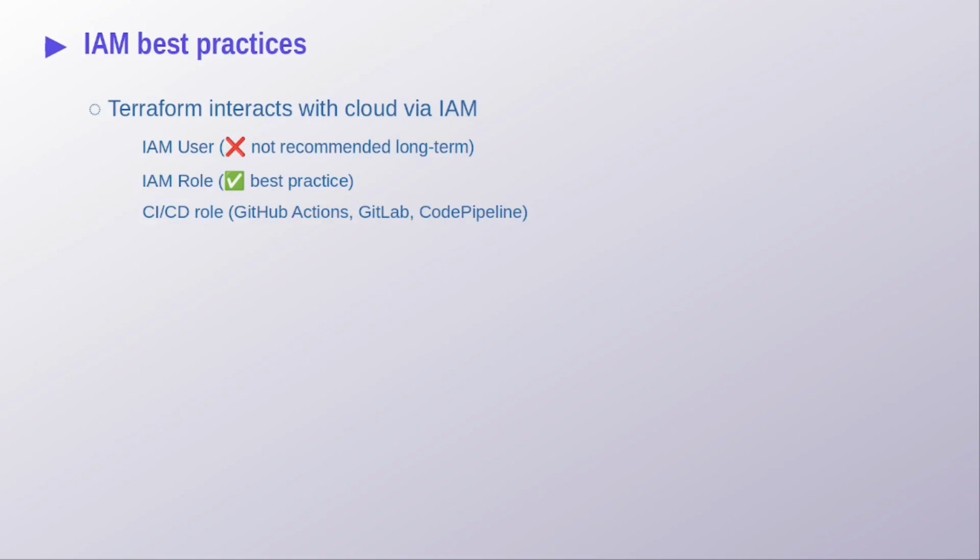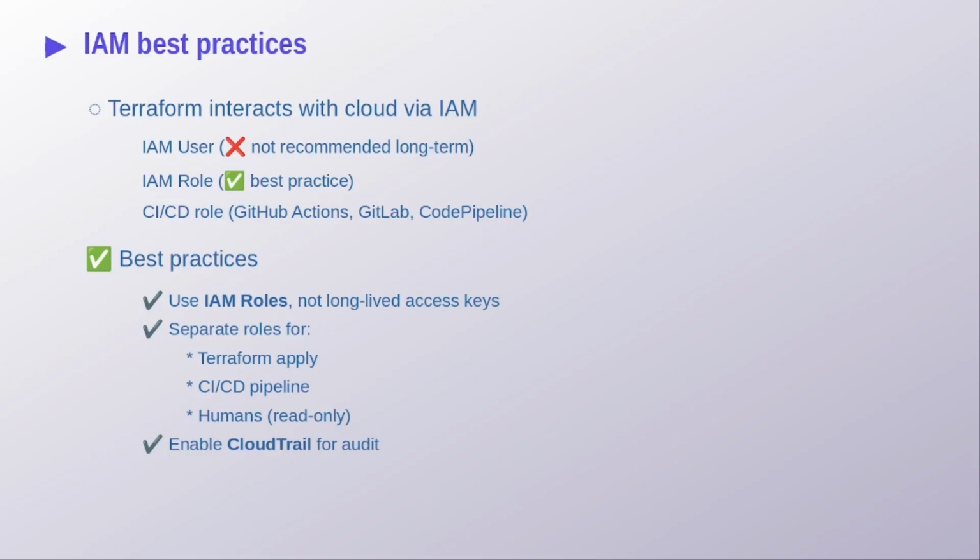In real projects, Terraform usually runs as an IAM user, IAM roles, and a CI/CD role. Best practice: when using Terraform in teams, use IAM roles, not long-lived access keys. Use separate roles for Terraform apply, the CI/CD pipeline, and humans. Enable CloudTrail, so you know who did what, when, and how.